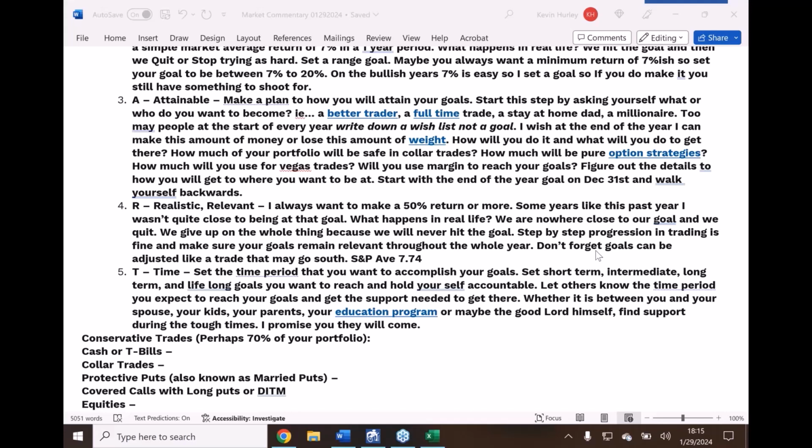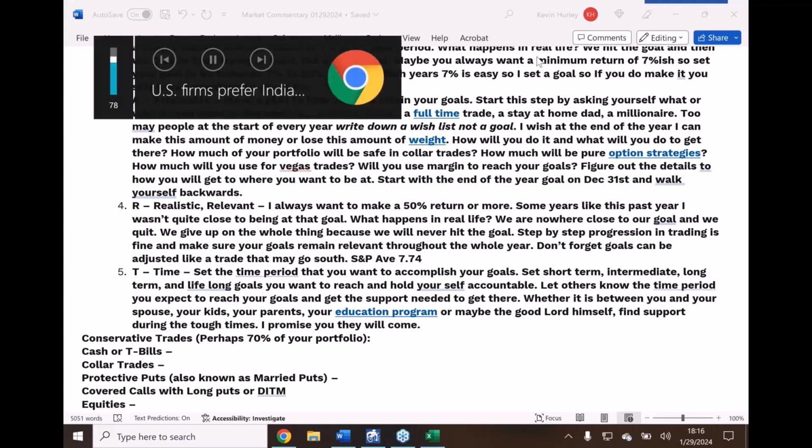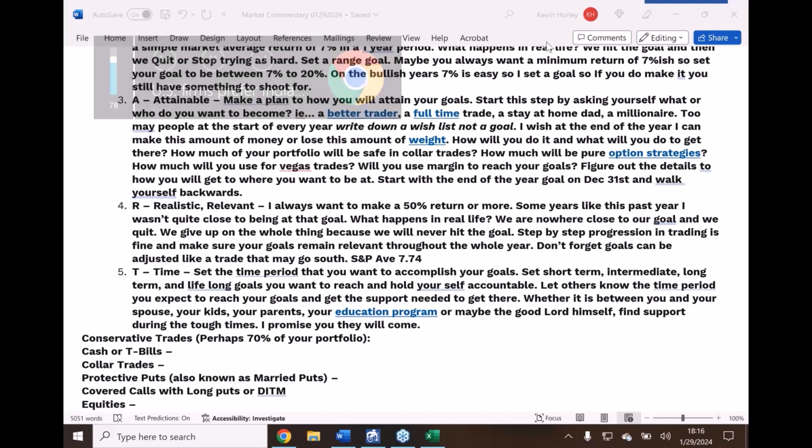The year before, they were all in. This is the best thing since sliced bread. I just spent 15 grand on this process, blah, blah. And next thing you know, they're now looking at creating a whole new methodology or following a whole new methodology. That is not attainable. It's not realistic, which is number 4, realistic and relevant.